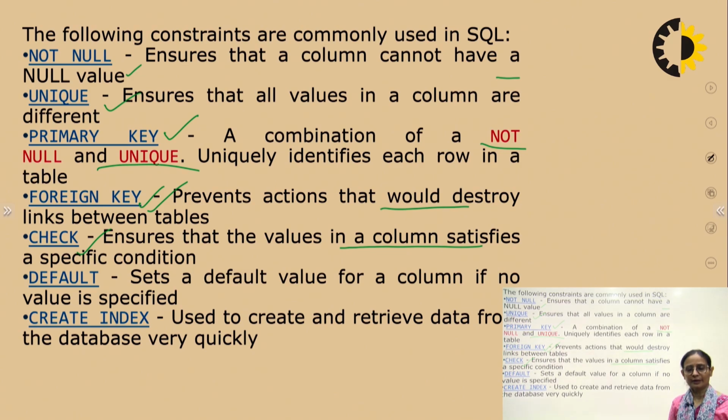Default: for example, if some column requires a default value to be set, like a date column where I want that whenever I insert a new row, the system date is fetched and inserted into that column, then I will use the default value. Then comes create index. Basically, it is used to create and retrieve data from the database very quickly.